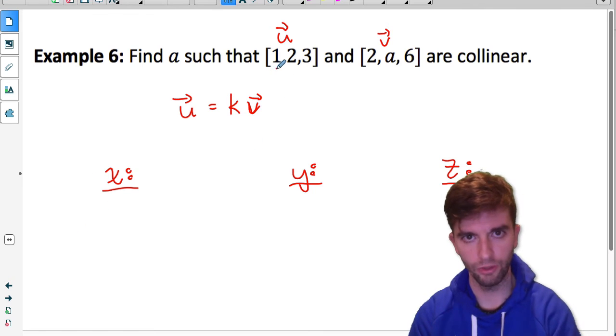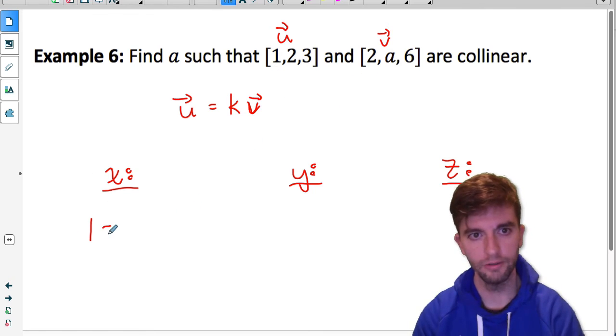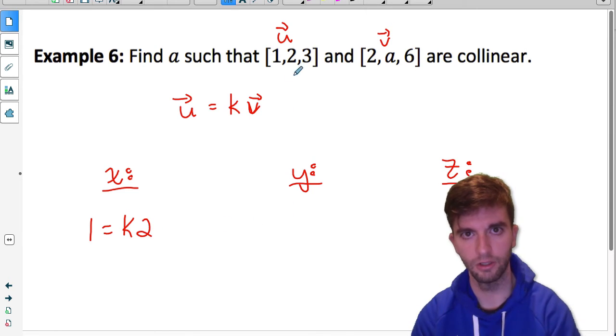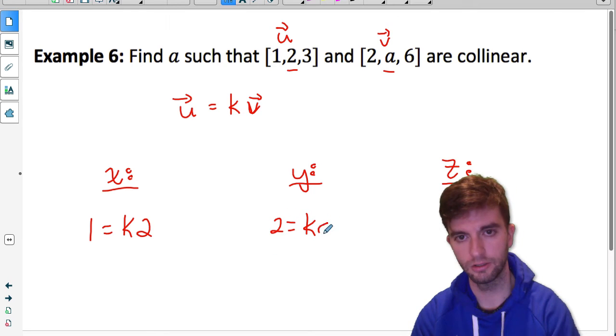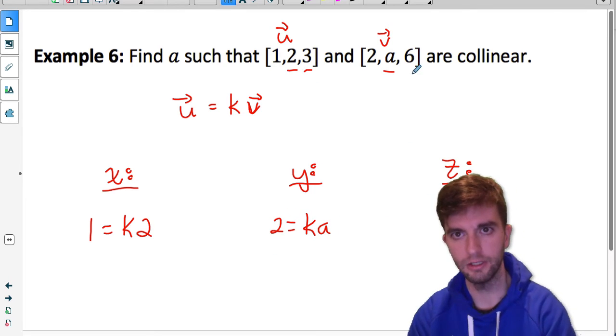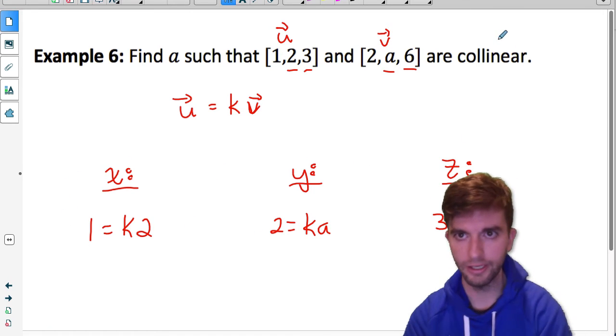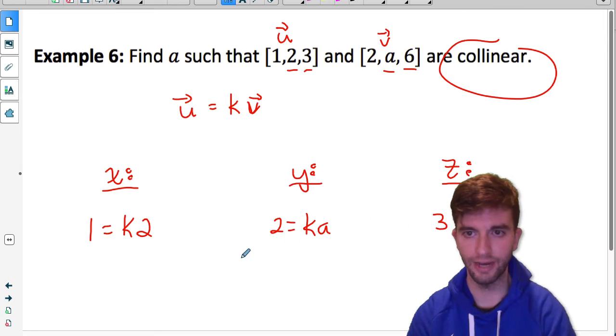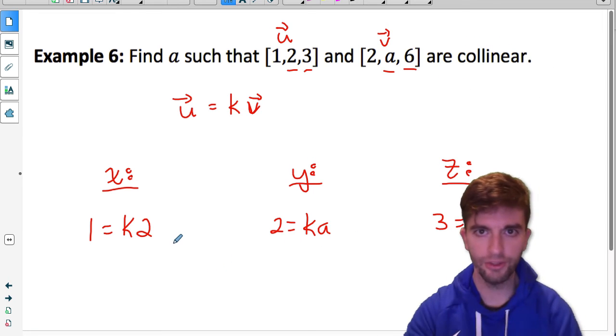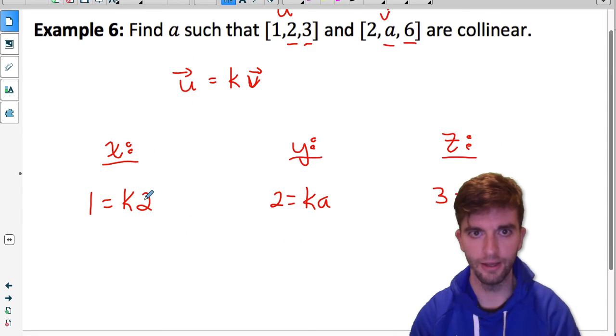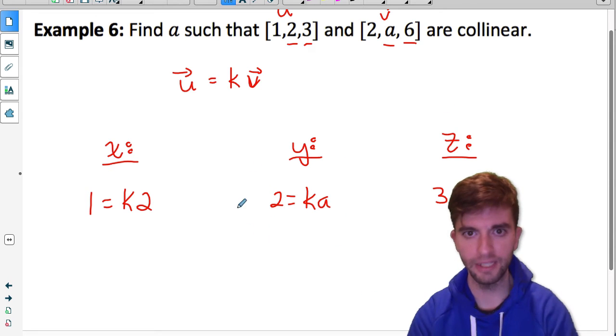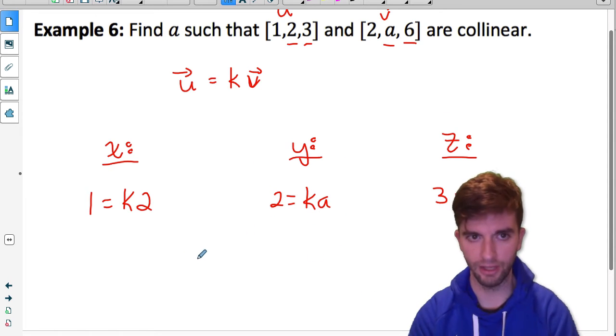So let's look at the x component. 1 equals some scalar multiple of 2. 2 equals some scalar multiple of a. And 3 equals some scalar multiple of 6. And in order for these to be collinear, all of these k values would have to be the same. So let's check what the scalar multiplication is between the x and the z components, and then make sure the y component has that same scalar multiplication.